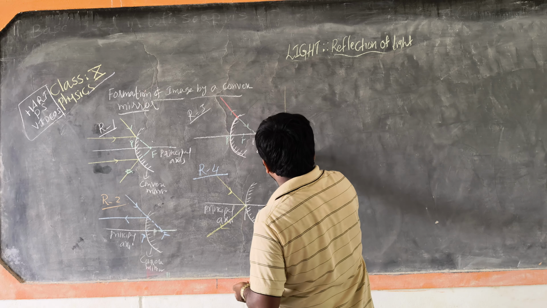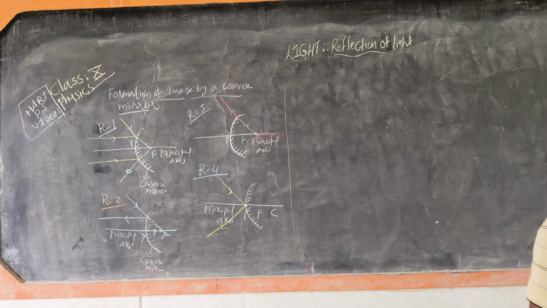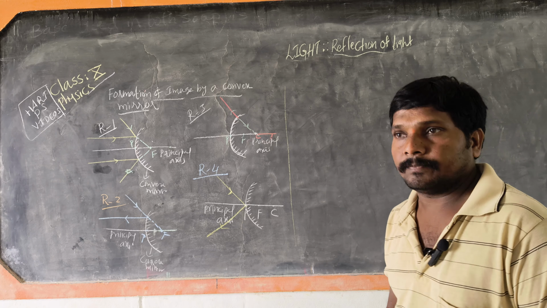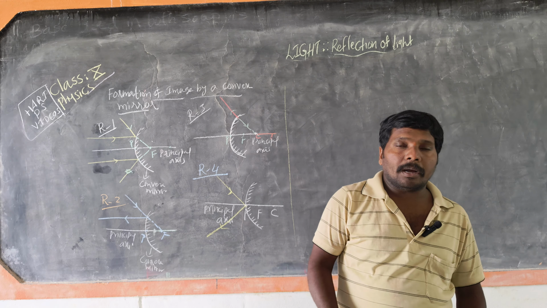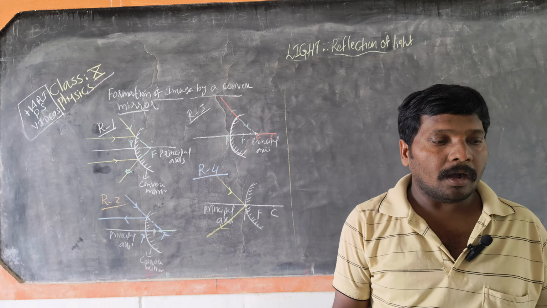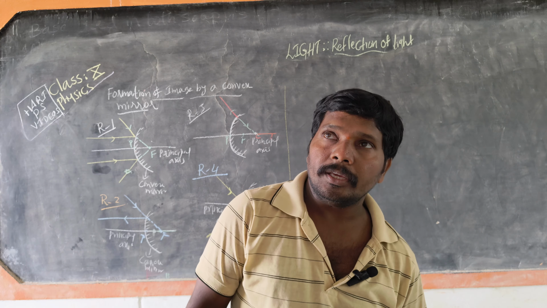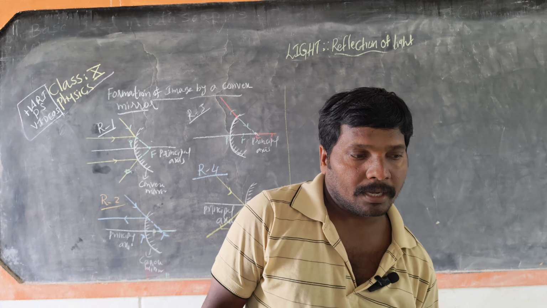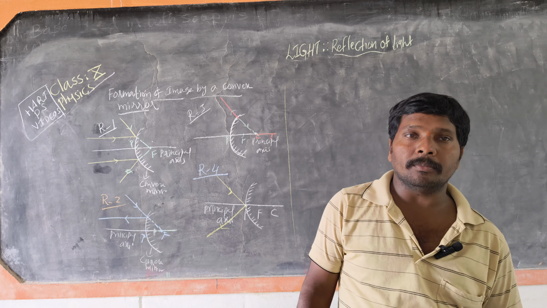Then formation of image by a convex mirror. How is the image formed? Whatever the position of the object is, a convex mirror always forms an image behind the mirror between pole and focus, a virtual, erect and diminished image.